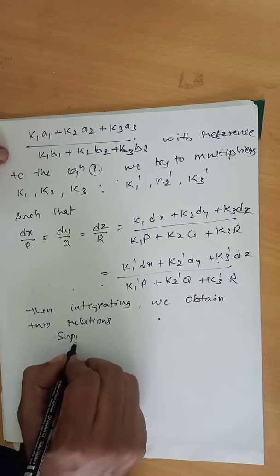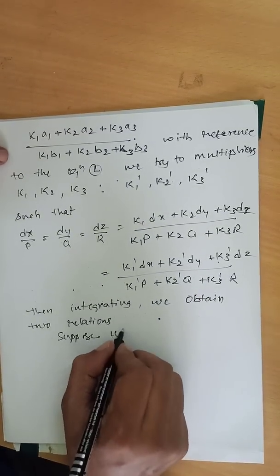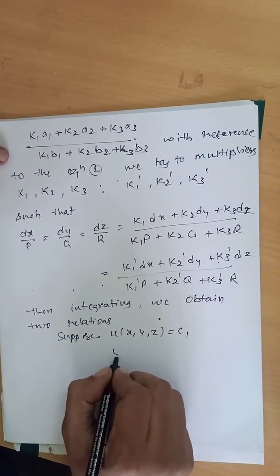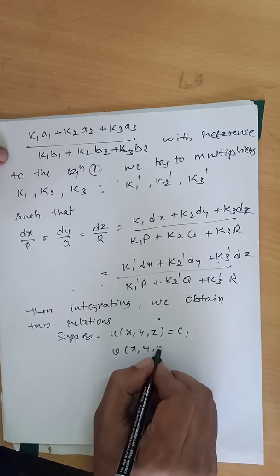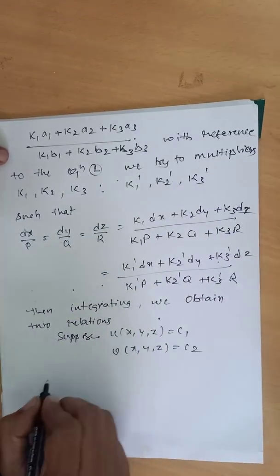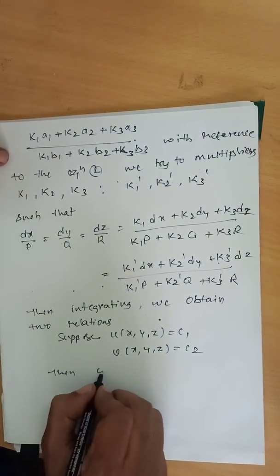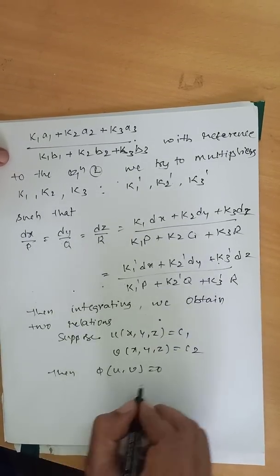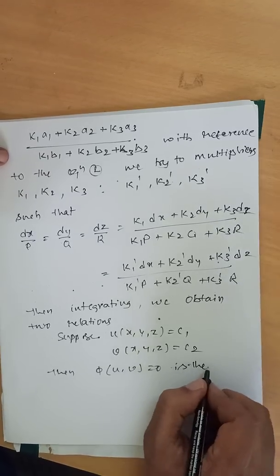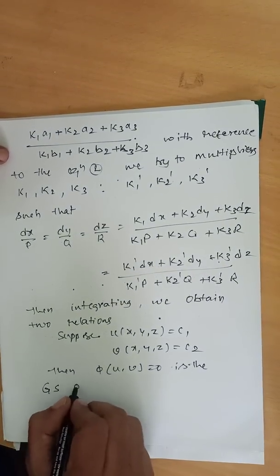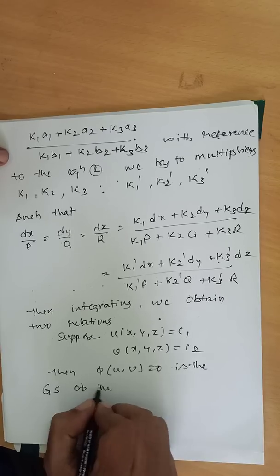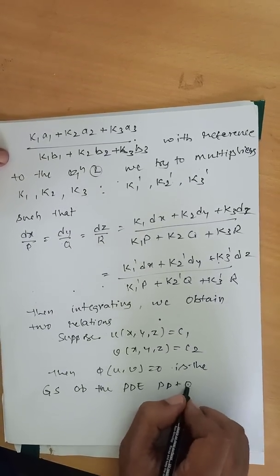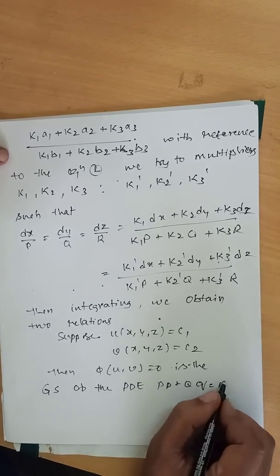Suppose u of x, y, z equal to c1 and v of x, y, z equal to c2, then the solution in the form of phi of u comma v equal to 0 is the general solution of the given PDE in the form of Pp plus Qq is equal to R.